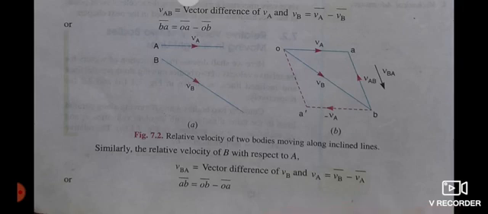These are the diagrams. Similarly, the relative velocity of B with respect to A, VBA, equals the vector difference of VB and VA. So this is vector VB minus vector VA, or vector AB equals vector OB minus vector OA.